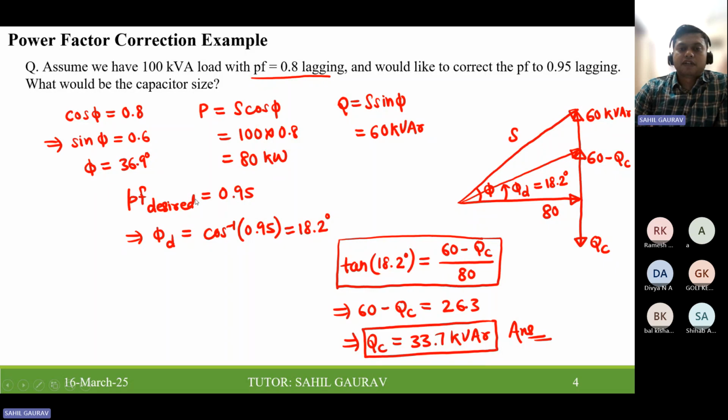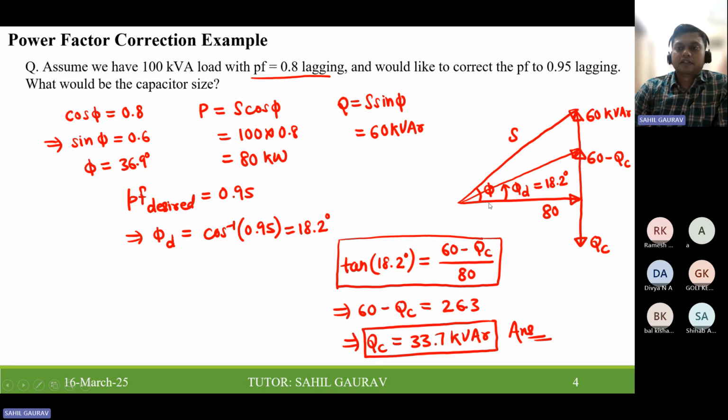Now the desired power factor is 0.95. Let us calculate the desired power factor angle, that is cos inverse 0.95, which comes to 18.2 degrees. Here you have to find the reactive power capacitor size.